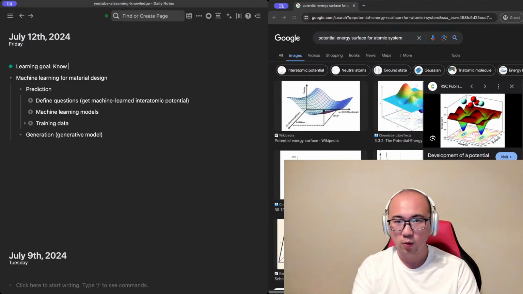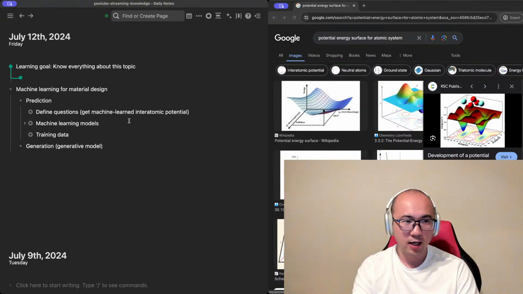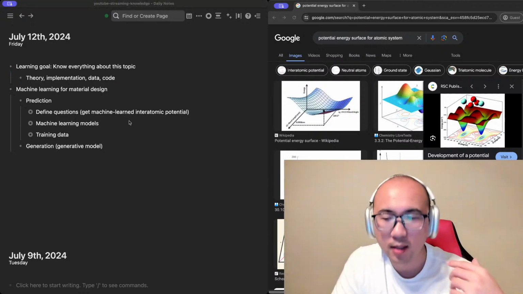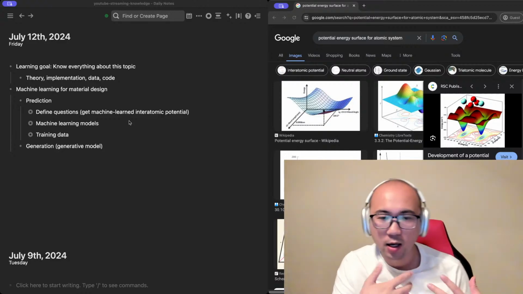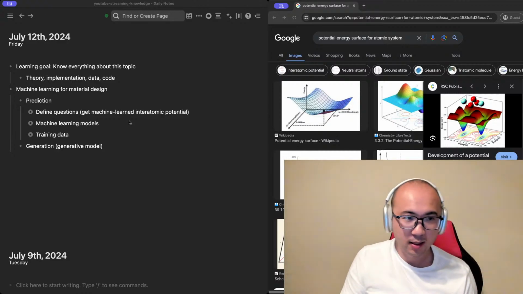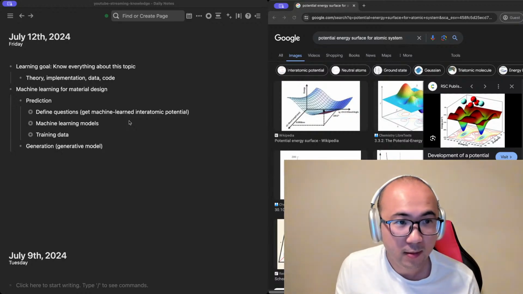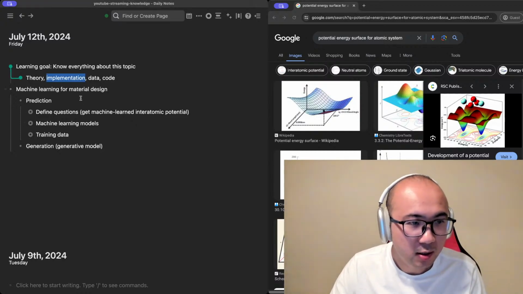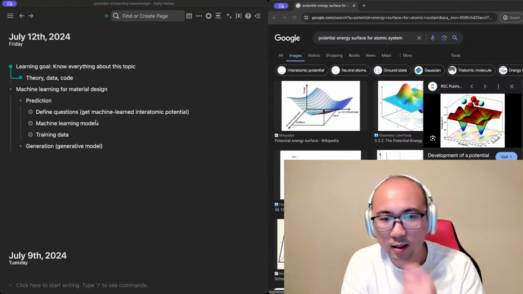We want to know everything about this topic, which means we need to look at the theory, the data, and the code. Implementation is similar to code, so I will delete that.